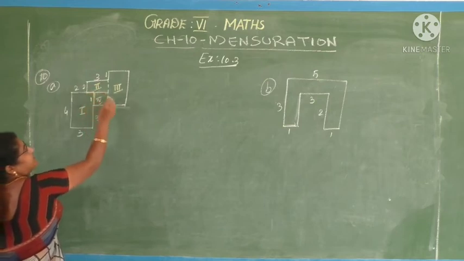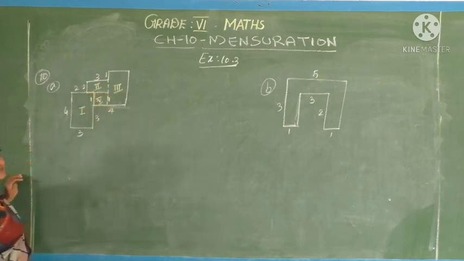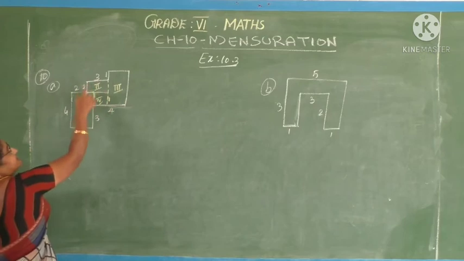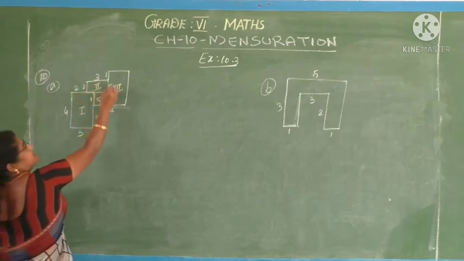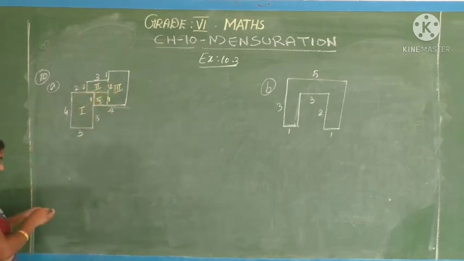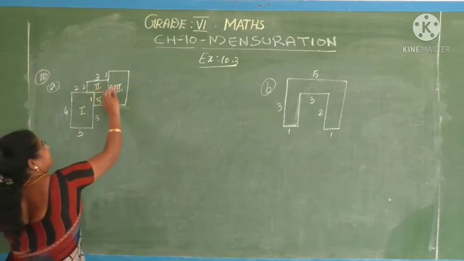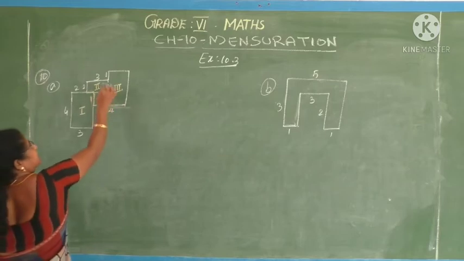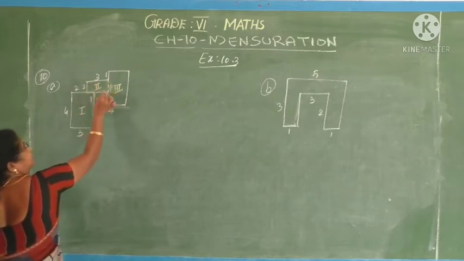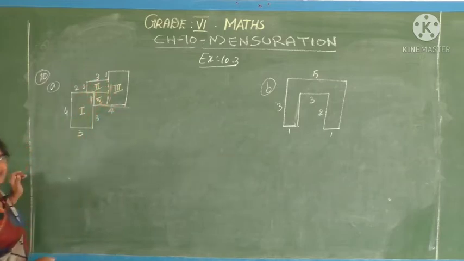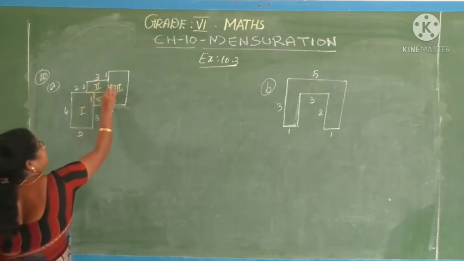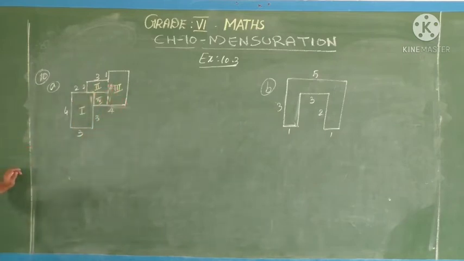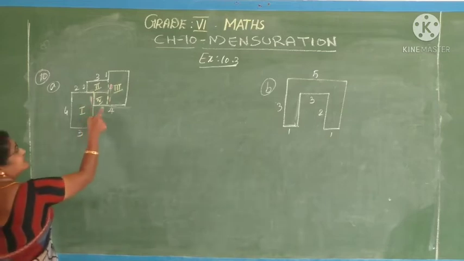Same way, this is also 1 centimeter. Next, this distance is 2 centimeter, so this is also 2 centimeter. I write these values in rose color. So 1 centimeter. Here this is 2. This is one rectangle, so these two opposite sides are equal. Here 2, so here also 2 centimeter. Now this distance we need.